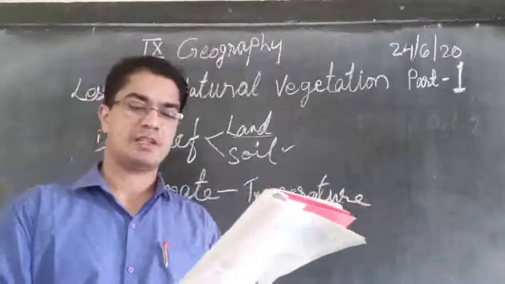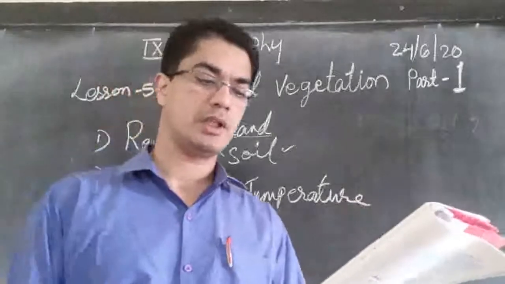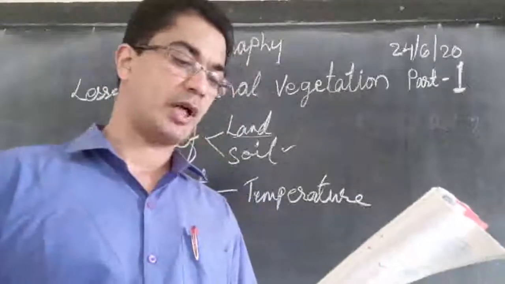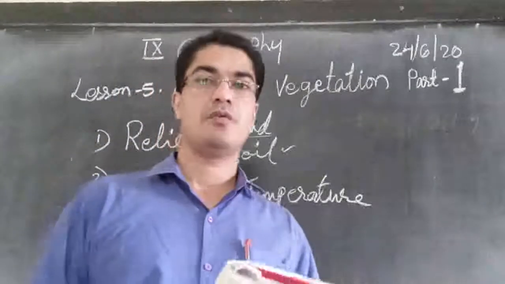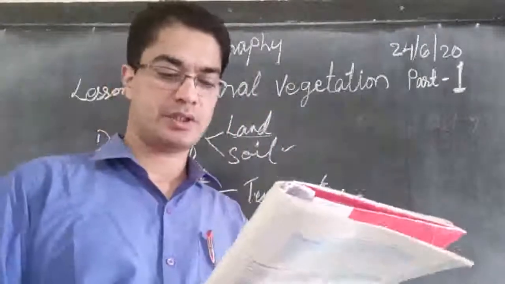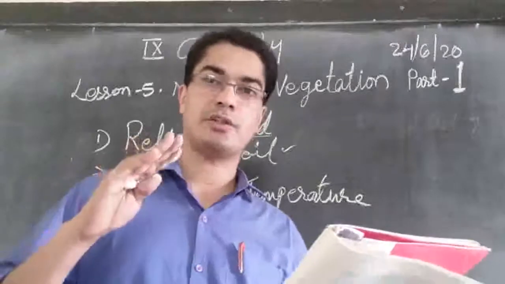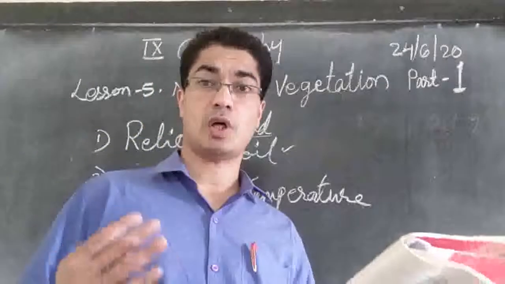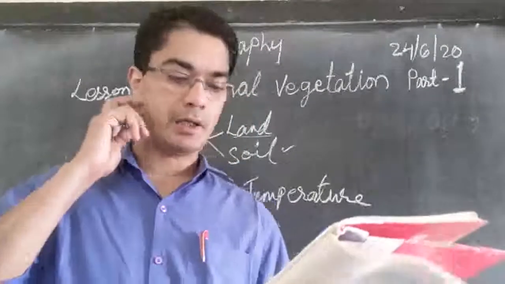So the character and the extent of vegetation are mainly determined by temperature, along with humidity in the air, precipitation and soil. When we say climate, what are the things included in that? It is the temperature, that means high temperature or low temperature, along with humidity in the air. So how much humidity is there, how much wetness is there in the air.